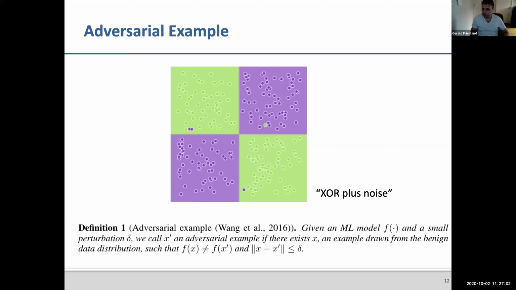And if you work out the "not that" of the before, it just means: given the model, which is our f function, and a small perturbation delta, we call x prime an adversarial example if there exists an x, an example drawn from the training set, such that f of x doesn't equal f of x prime, while still x minus x prime is smaller than a delta. It's just the contradiction of the generalization rule. That's what an adversarial example is. It's a contradiction of the generalization assumption, okay?